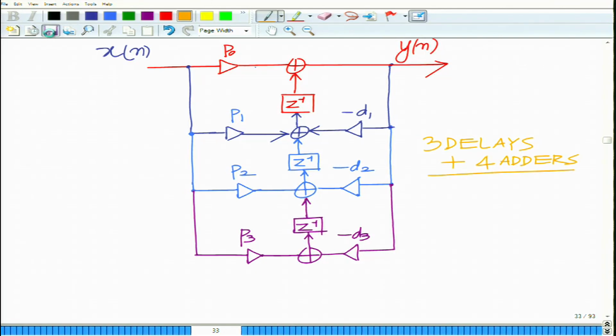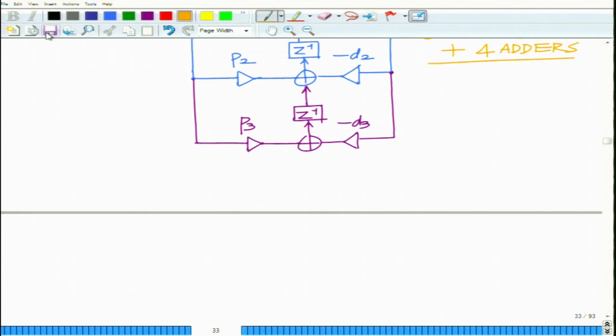So, the direct form 2 transpose has fewer delays, similar to what you saw in the direct form 2. In comparison to the direct form 1 transpose, the number of delays is reduced from 6 to 3. In addition, the number of adders has also significantly decreased from 6 to 4 adders. So, this is the minimal representation in terms of the number of delays plus the number of adders, okay.